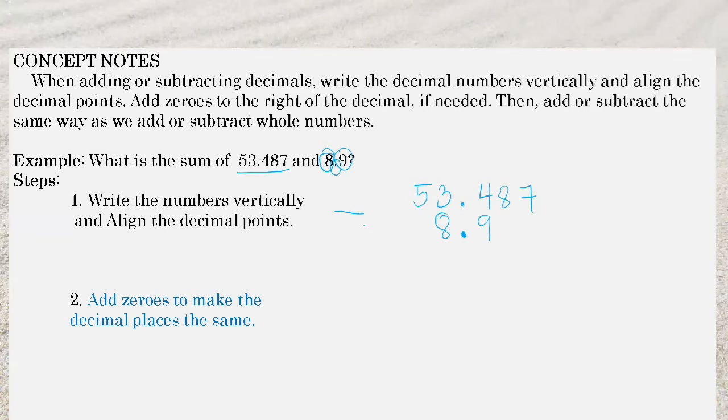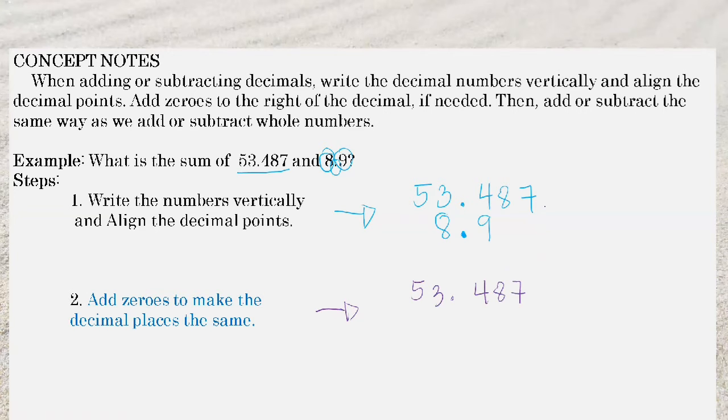Now, let's proceed with our second step. Our first given and second given must have the same decimal places. So therefore, if kulang ng decimal places ang isang number natin to its right, then we are going to add 0. So it becomes 53.487.